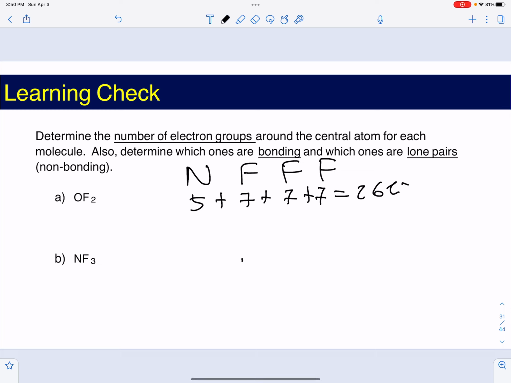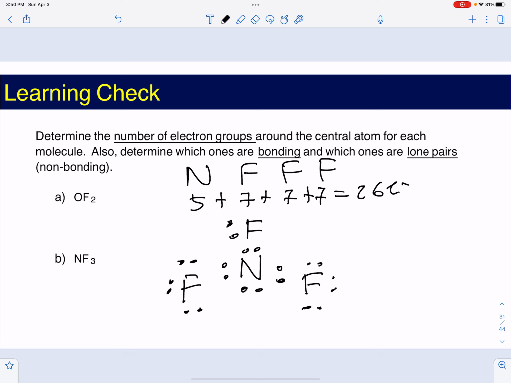So nitrogen is the center because it's first, and then we're gonna put the fluorines around. And then we put 26 electrons. 1, 2, 3, 4, 5, 6, 7, 8, 10, 12, 14, 16, 18, 20, 22, 24, and 26. So that means that the nitrogen is going to be bonded to 3 fluorines.